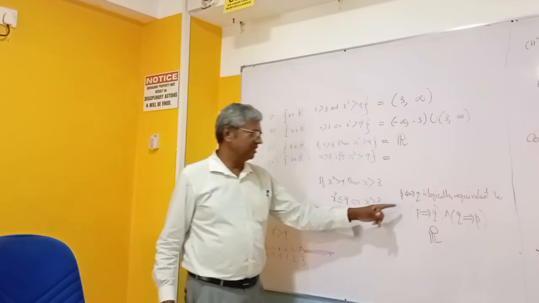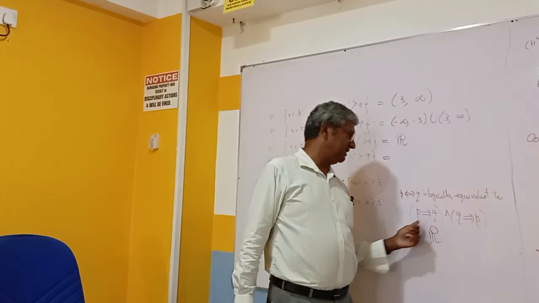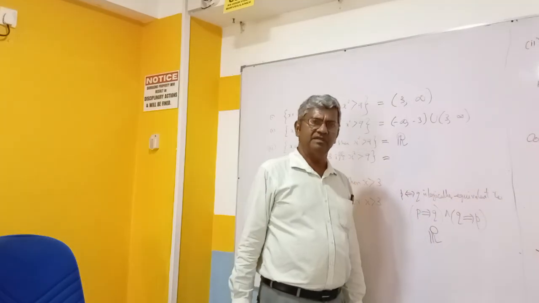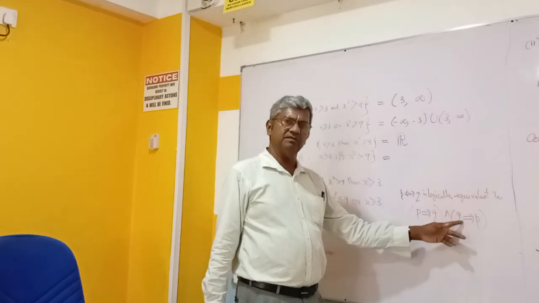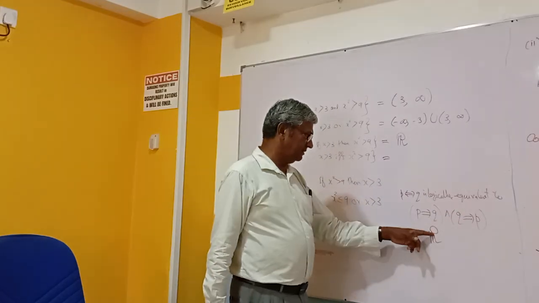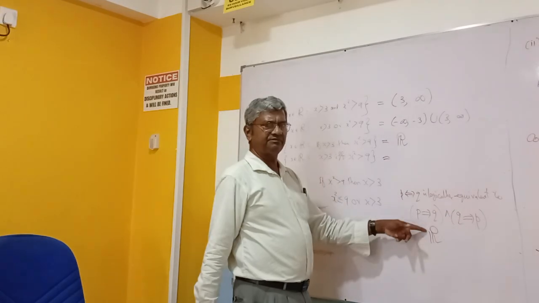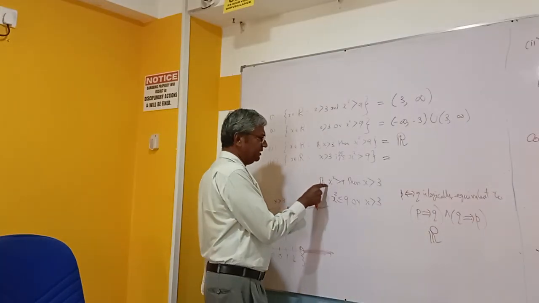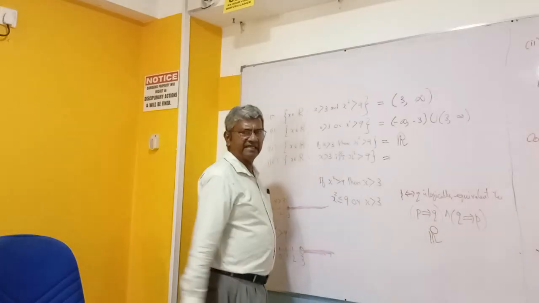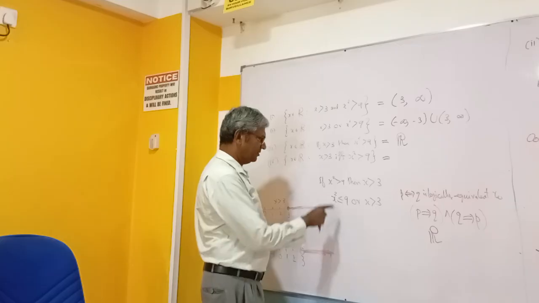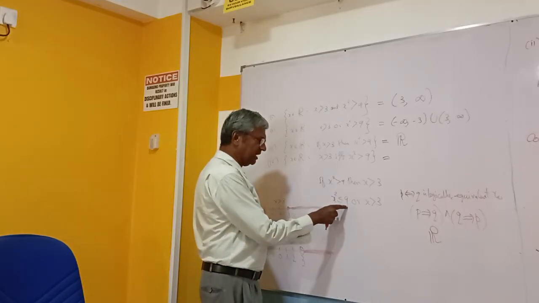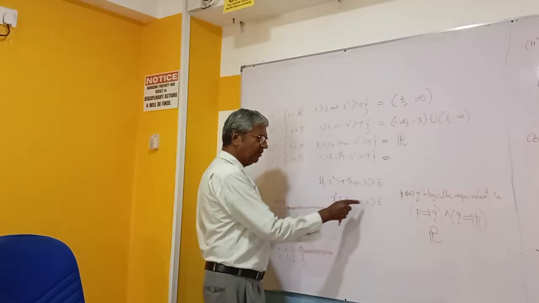Because I am going to use P if and only if Q is logically equivalent to P implies Q and Q implies P. So not P or Q: x squared less than or equal to 9 or x greater than 3.